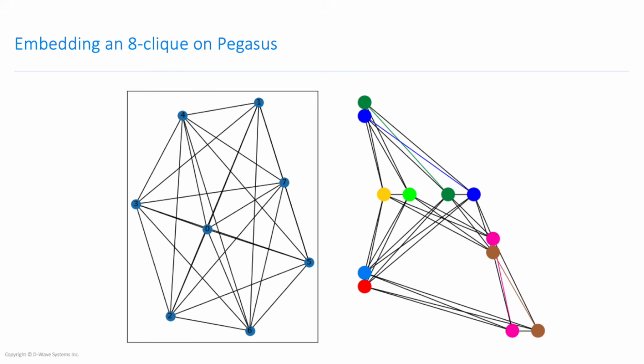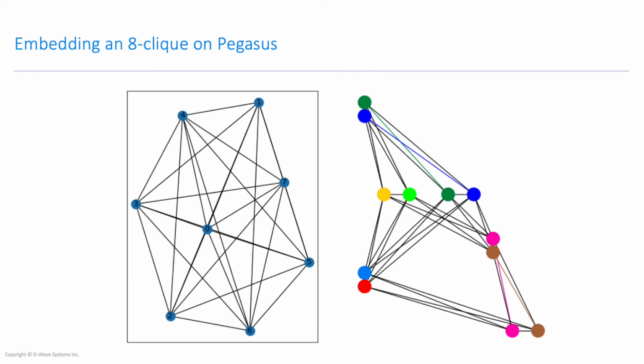And we see when we draw the graph on Pegasus here that some of these particular nodes do not even have chains. In other words, look at the bright green in the middle there. That one is by itself, and it looks like the dark green has 2, magenta has 2, the brown has 2, but red also is embedded on just 1.